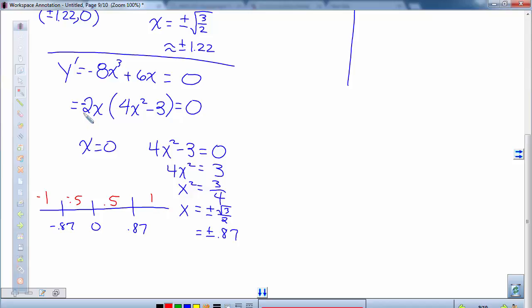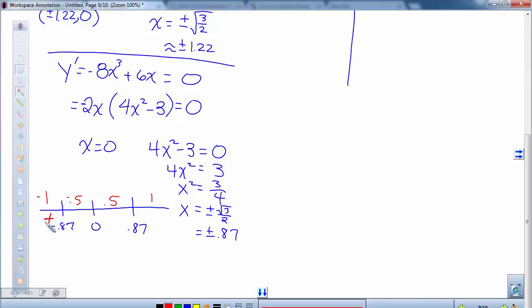So I've got -2 times -1. And if I put -1 in there, I get 4 minus 3. That's positive. So -2, -1 sounds like this is positive. Is that right? Yes or no? Okay. Positive. Yes. Okay, I'm going to take that as yes. All right.